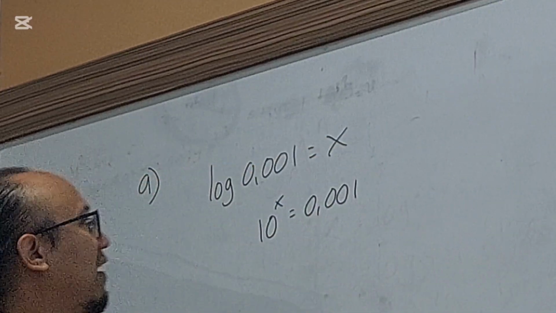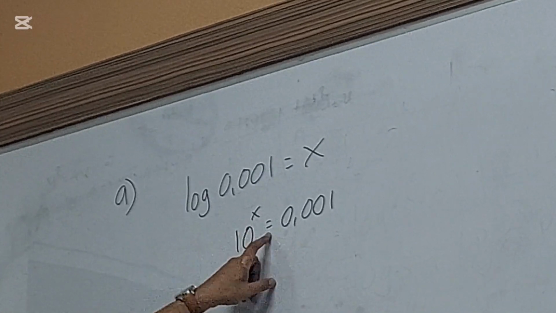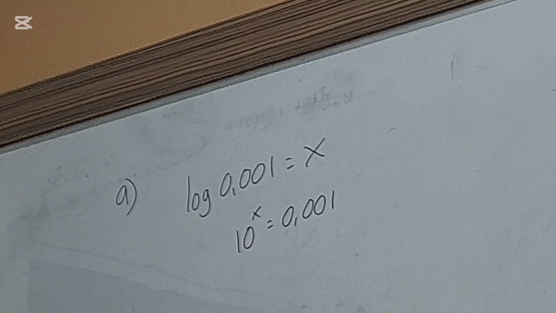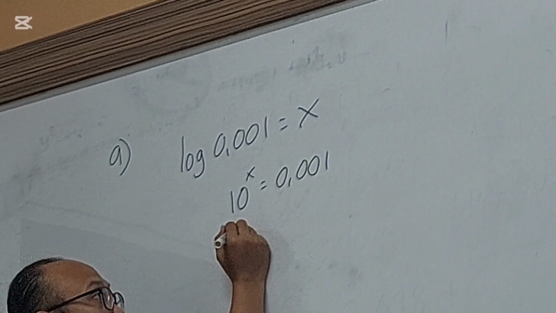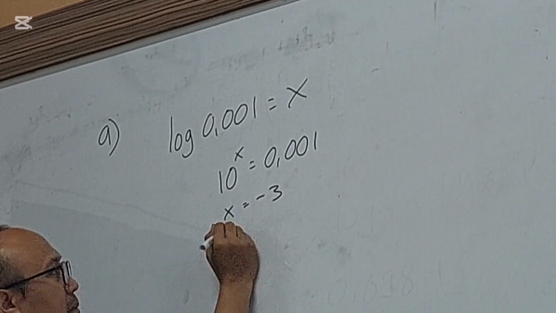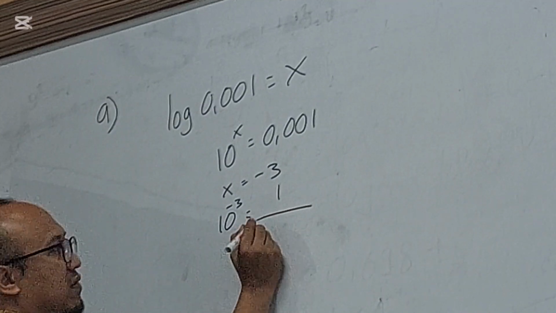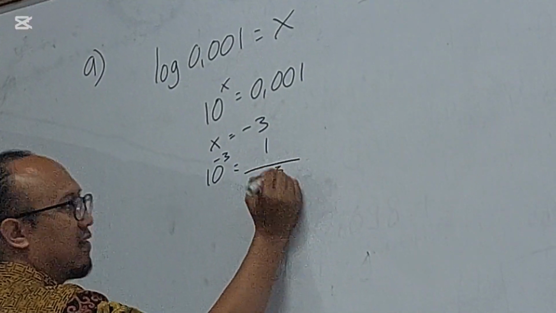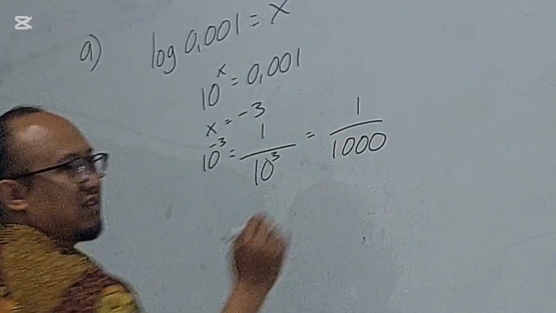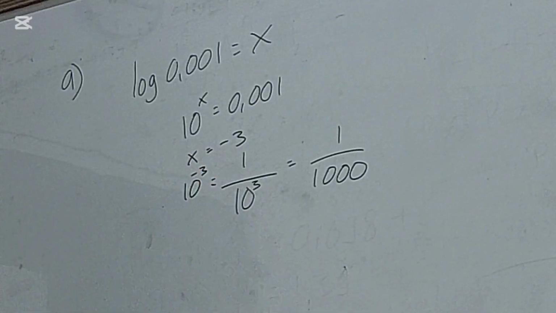Minus 3. 10 powered by x will be equal to 0.001, so x will be minus 3. So 10 to the minus 3 will be similar like 1 per 1000. So x will be equal to minus 3.